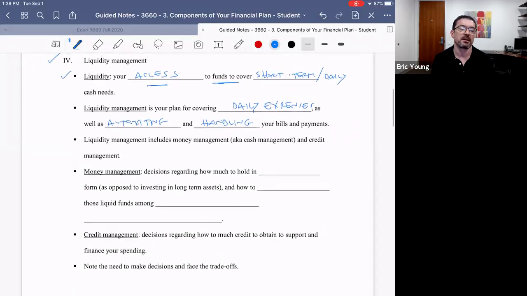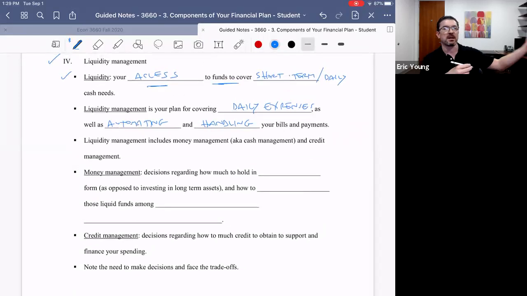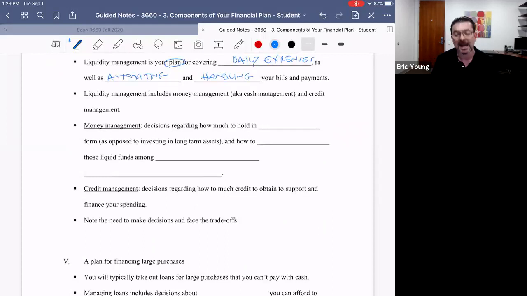Because ultimately your daily expenses is not just your money coming in that's liquid, it's your daily bill pay, your monthly bill pay, paying that credit card, paying whatever you have to pay, okay? So liquidity management, it's a plan for how you cover daily expenses as well as how you automate and handle your bills and payments. We can say that liquidity management includes money management, which we would call cash management, as well as credit management.